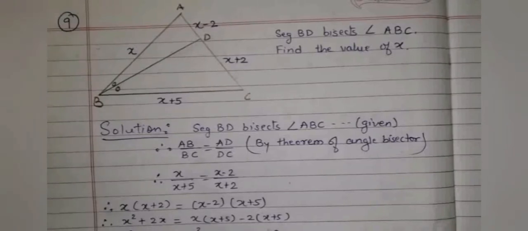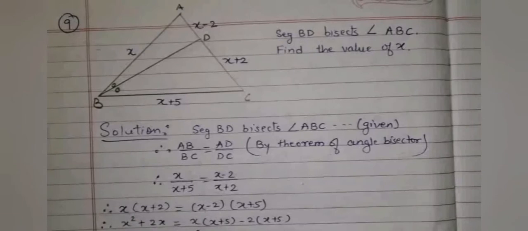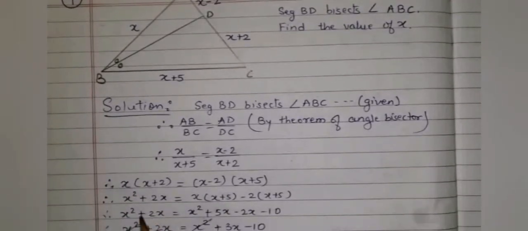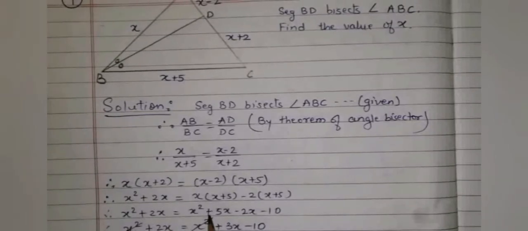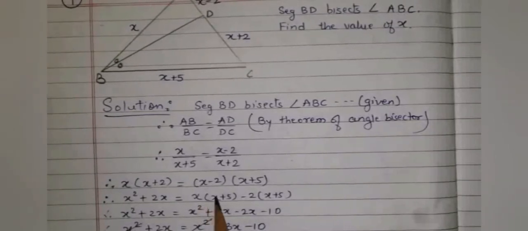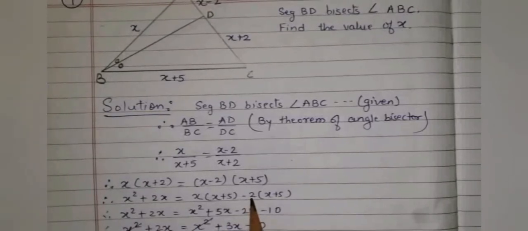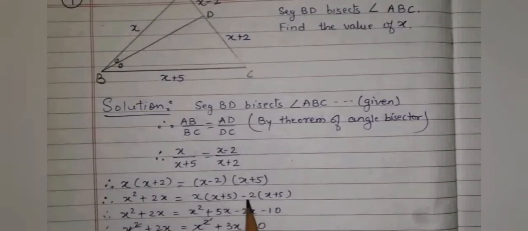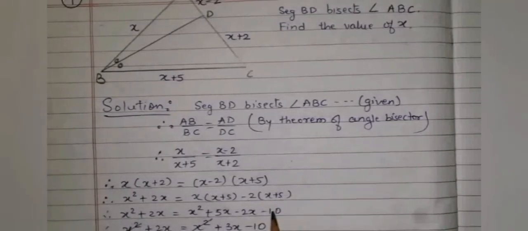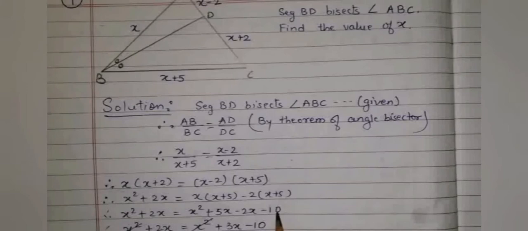When we solve it further, X square plus 2X equals X square plus 5X minus 2X minus 10.